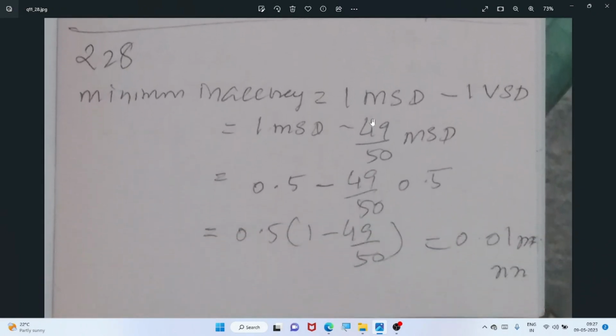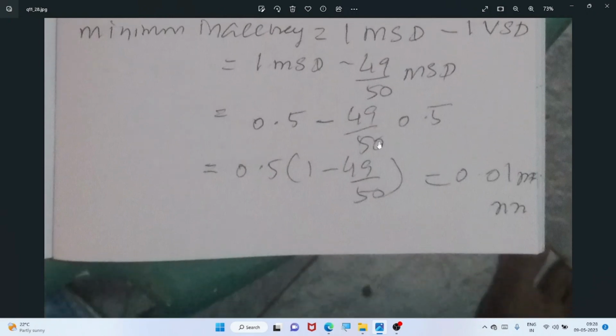Minimum accuracy is one main scale division minus one vernier scale division. One main scale division they have given as 0.5 mm. The vernier scale division you also convert into main scale divisions. Then after that this gives 0.01 mm accuracy.